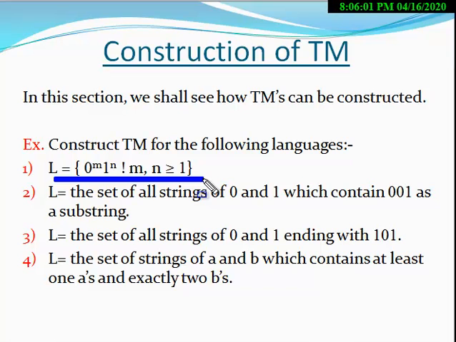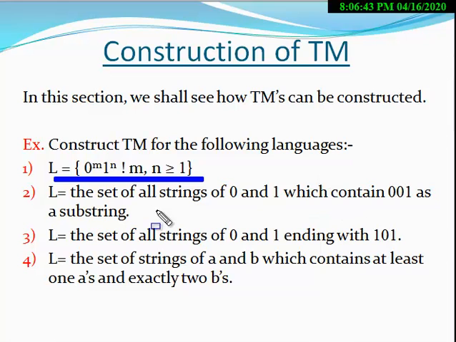This language is regular because there is no relation between the counting of 0 and 1. If 0 and 1 were equal, or if they had to be unequal, then this language would not be regular. Since there is no relation between 0 and 1, this language is a regular language.